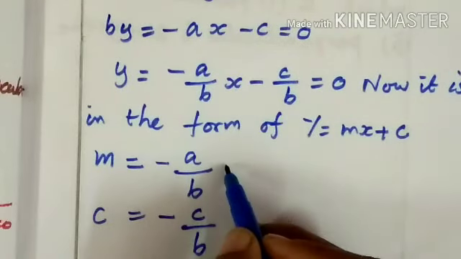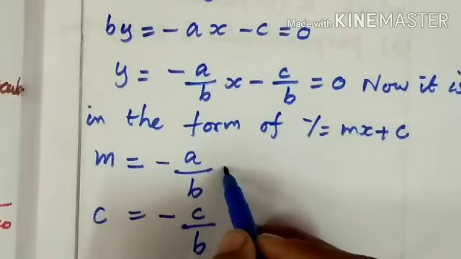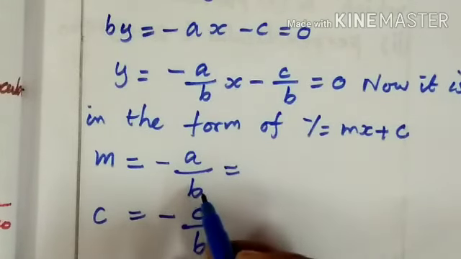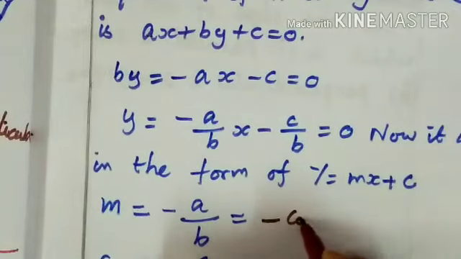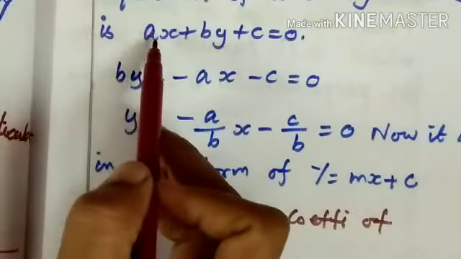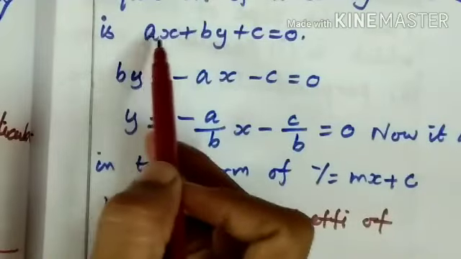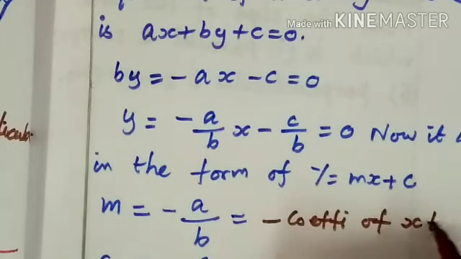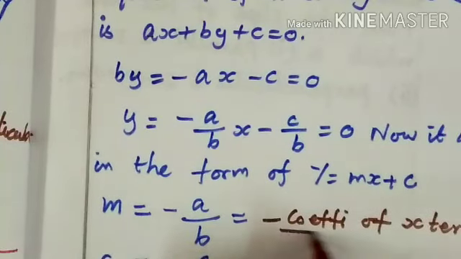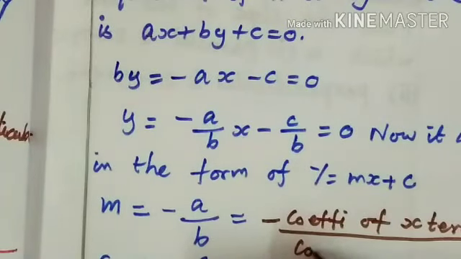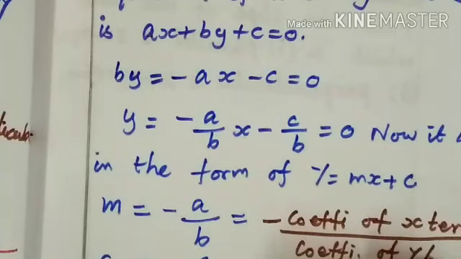From this we have to understand slope is equal to minus a by b, where a is the coefficient of the x term. So you write minus coefficient of x term by b, which is the coefficient of the y term.